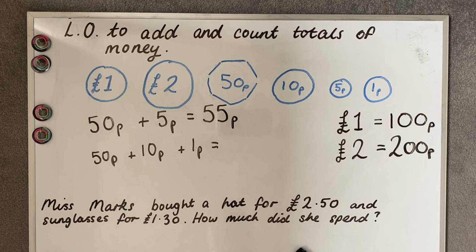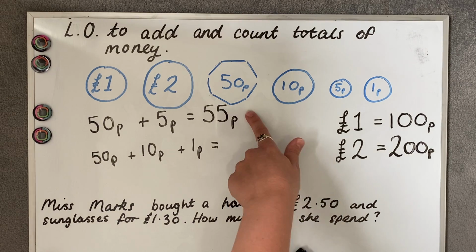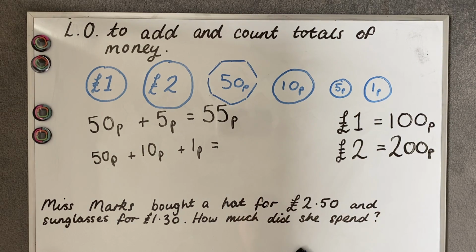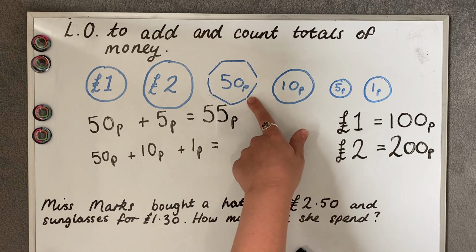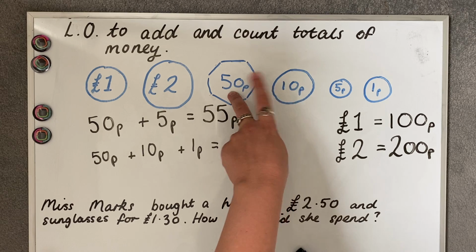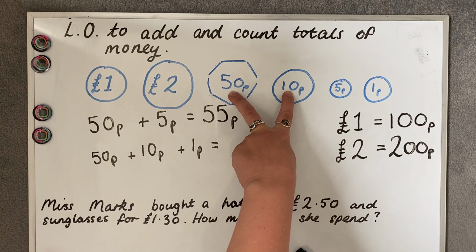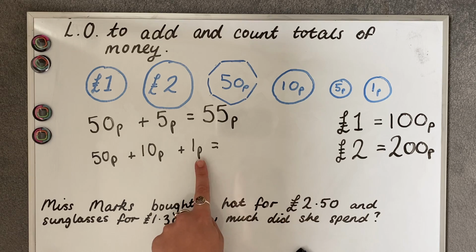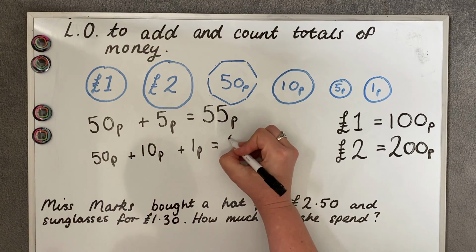Which 2 coins are going to be easiest for us to add up? We know that 50 plus 10 is 60, because 10 more than 50 is 60, so that's 60p. And then if we add on our 1p at the end, that would give us how much?